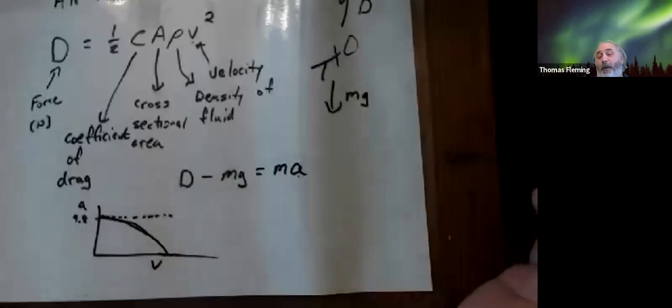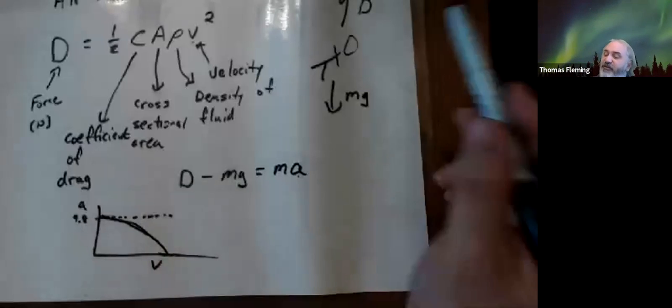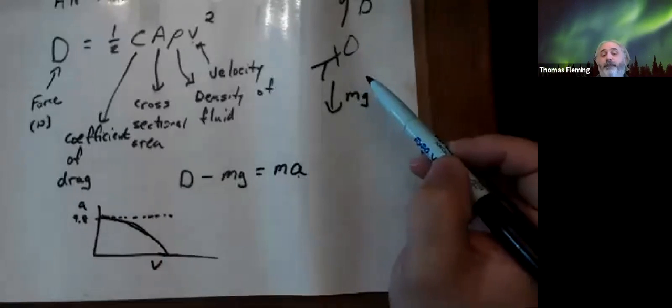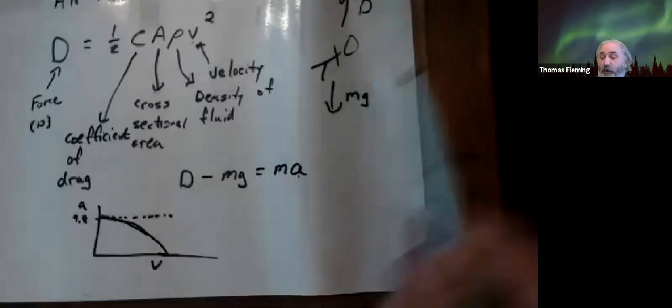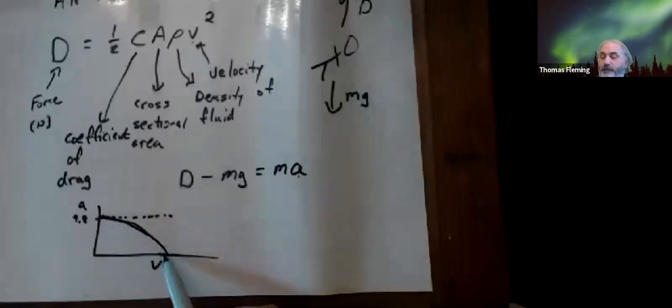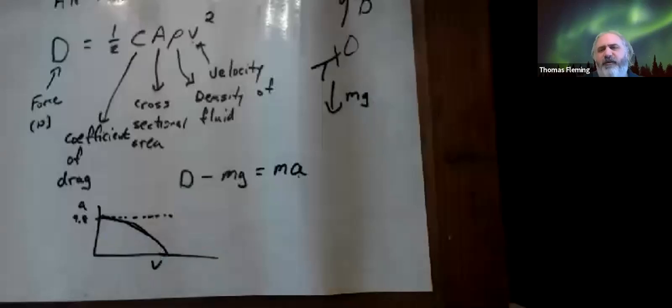What I could do, however, is I could imagine what's going to happen as this guy falls faster and faster and faster, right? I know that his acceleration is going to start off at 9.8. It's going to get lower and lower and lower and lower. At some point, it's going to get so low that his acceleration is going to become 0.